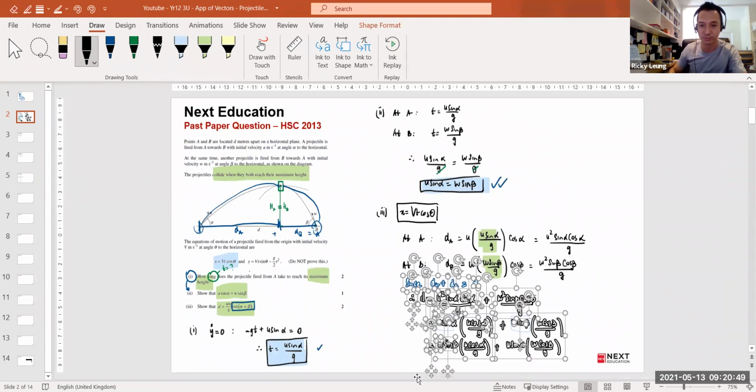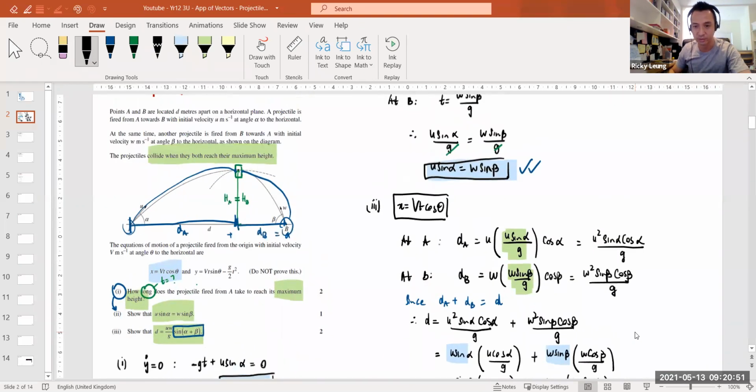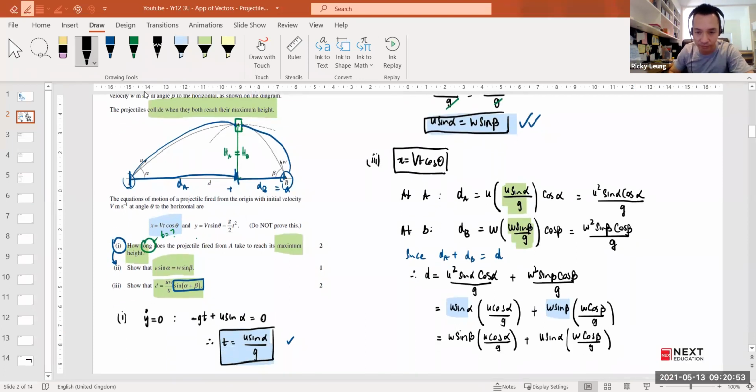Squeezing one more line. Beautiful. Yep. So then factorize out what they want. Yep. Equals to sine alpha cos beta plus sine beta cos alpha, which is UWG sine compound alpha plus beta.